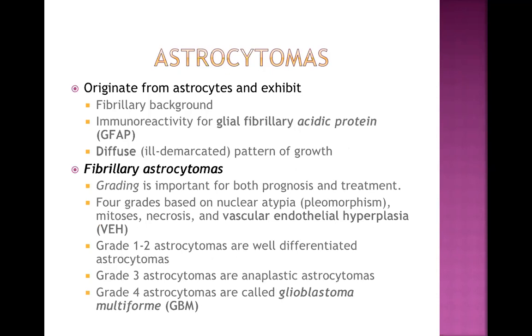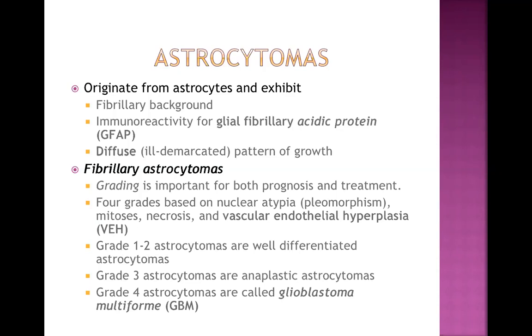They exhibit a fibrillary background. This is an important histological finding, and they are positive for glial fibrillary acidic protein. Okay, glial fibrillary acidic protein. This type of question may be asked in MCQ exams, and they usually grow very diffusely.